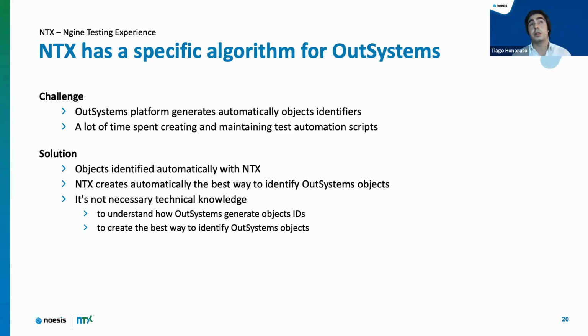So the solution: we understood how the OutSystems platform generates the IDs. We put it in an automatic way in NTX, and NTX automatically creates the best way possible to identify those OutSystems objects.